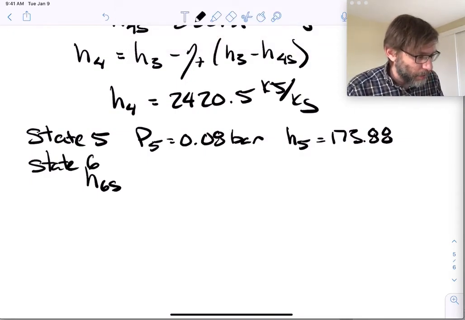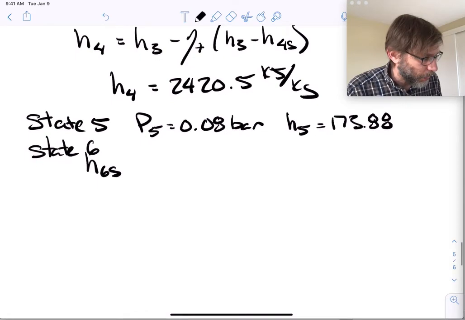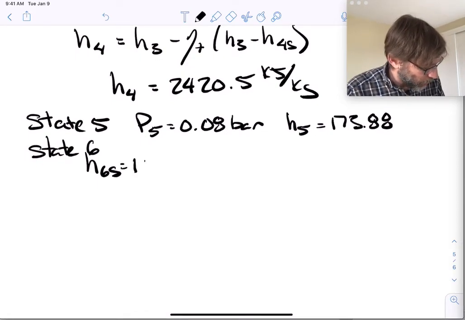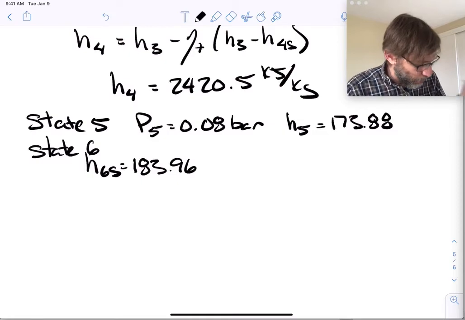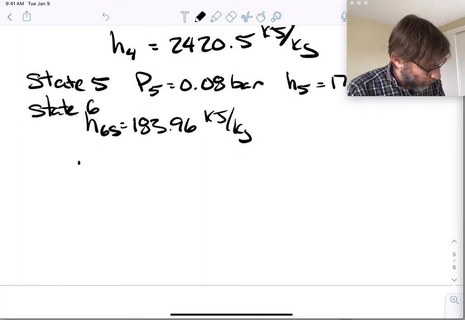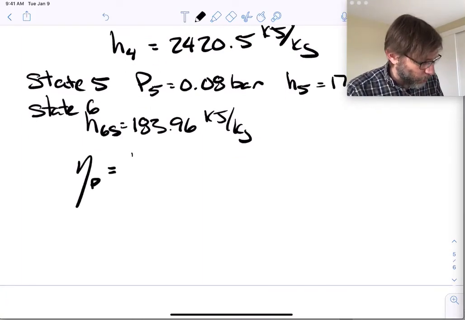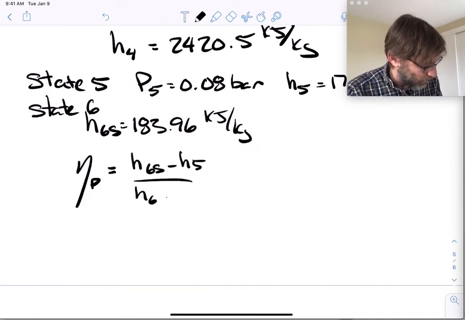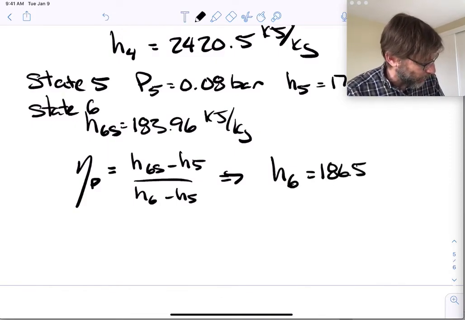H6S is equal to 183.96 from the previous example, kilojoules per kilogram. And the efficiency of the pump is the inverse, right? H6S minus H5 over H6 minus H5. So that yields H6 is equal to 186.5 kilojoules per kilogram.